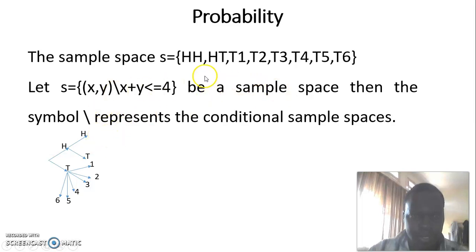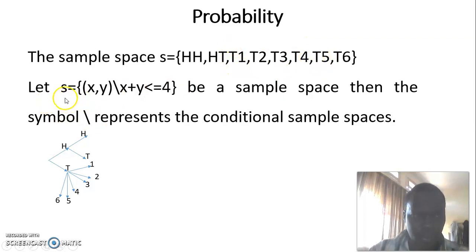So the total number of elements in this sample space is 1, 2, 3, 4, 5, 6, 7, 8. So the total number of elements in this sample space is 8. And each of these is an element of this sample space, of this statistical experiment.